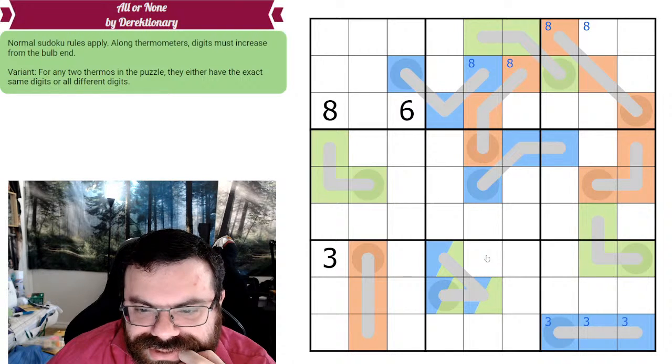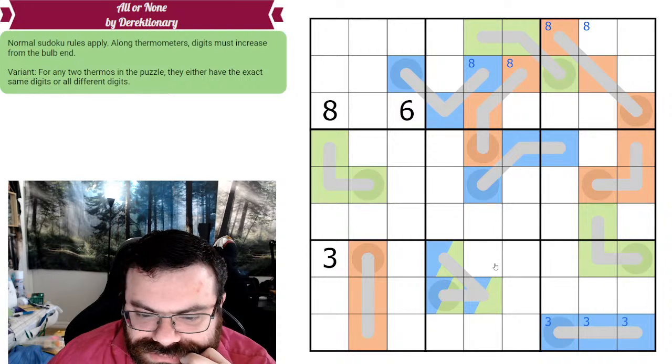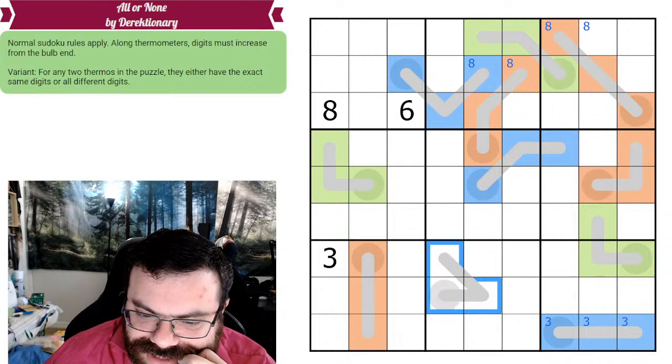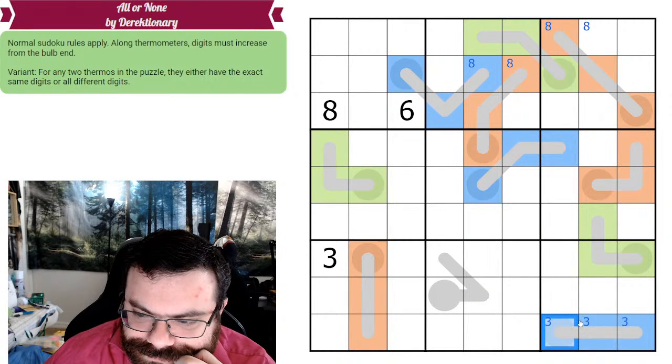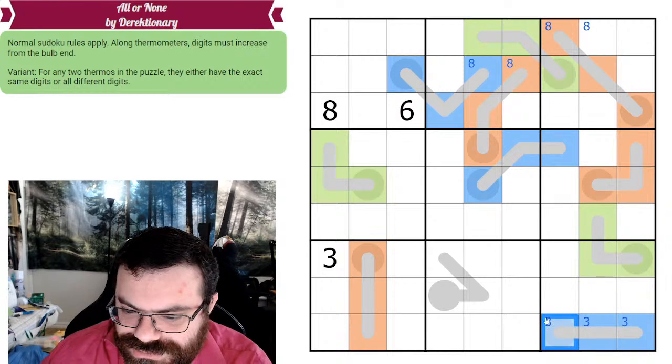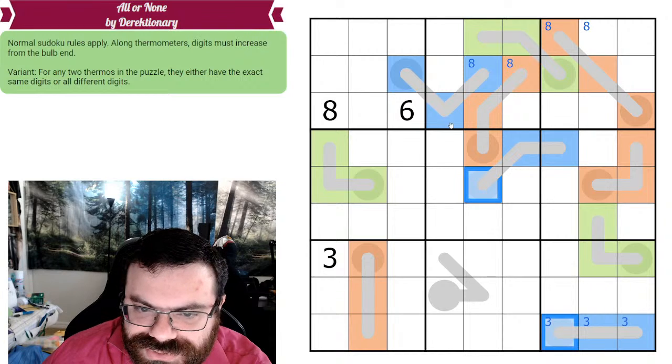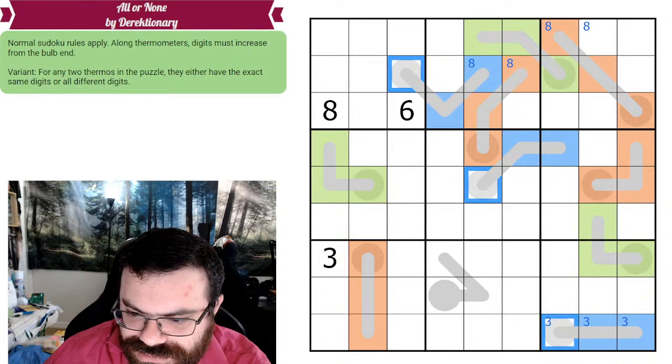I could do a full coloring. I wonder if that would be helpful. Other than these. Let me get rid of this. Okay, so on the blue bulbs, I'll use whatever color 1 is.